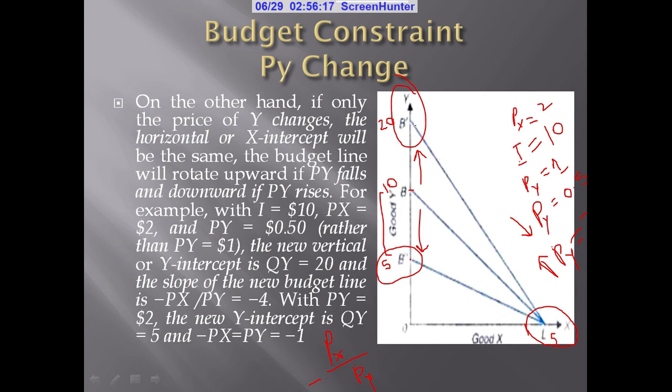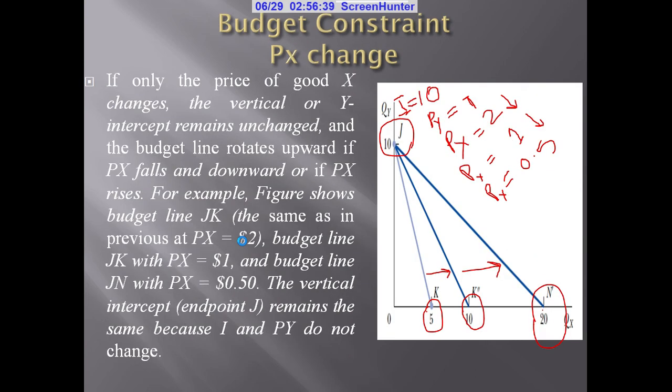This is a steeper line. The slope of this line is greater than the slope of this line, and the slope of this line is greater than the slope of this line. The flatter line has a lesser slope than these two lines.